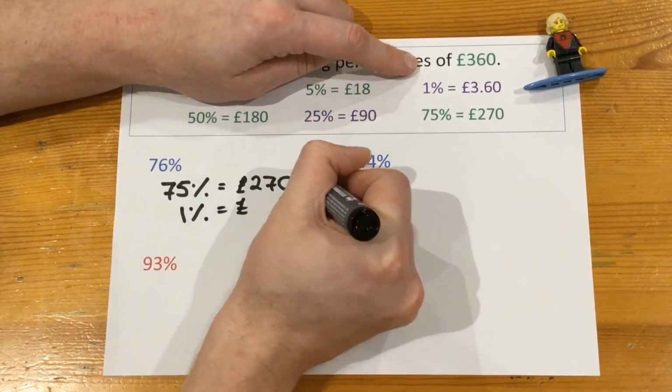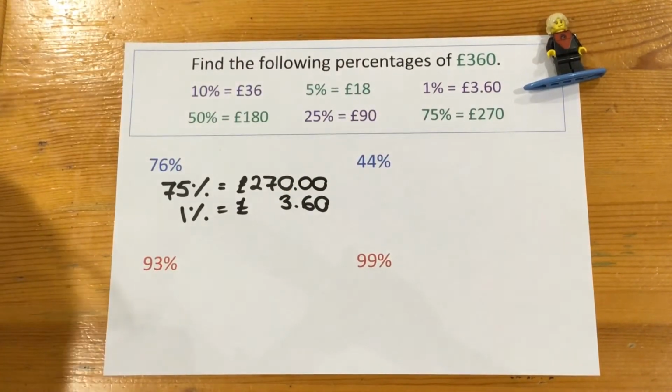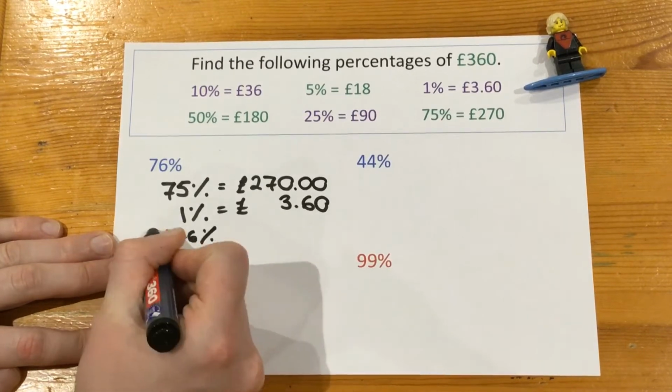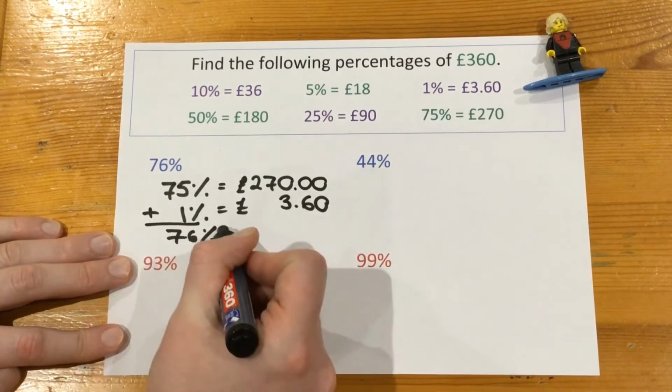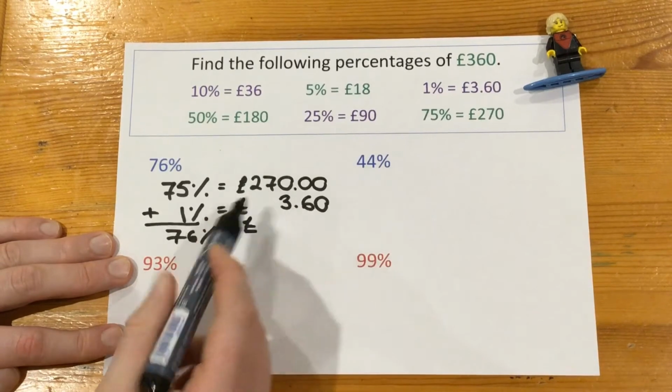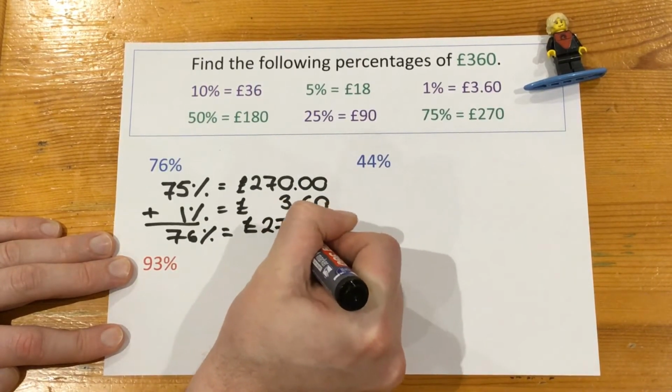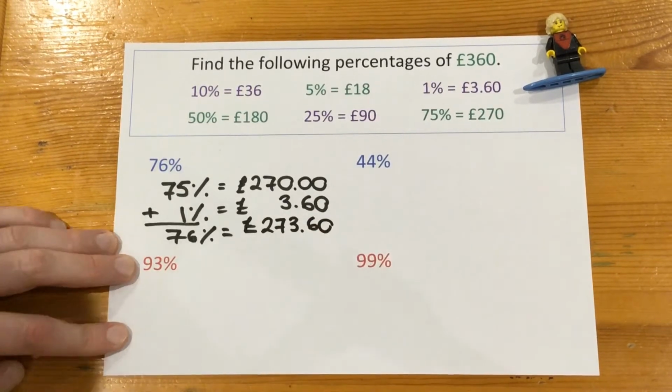I can add my place value in there just to keep things going and combine these together to make 76%. If I add these together, and I can do this mentally, £273, 60 pence.